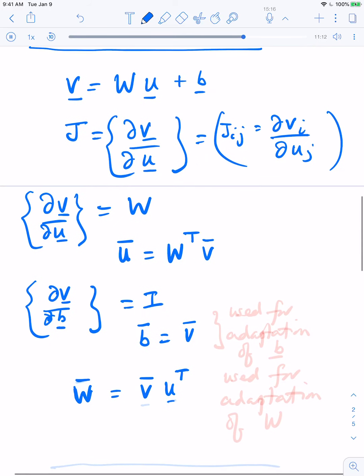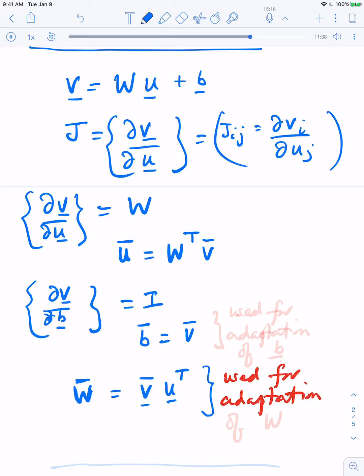So that gives you the correct dimension for W, you can check that. So this is the desired gradient, which is used for adaptation of the weight W, and this is used for adaptation of the biases B, right? These are the gradients that are used for that.